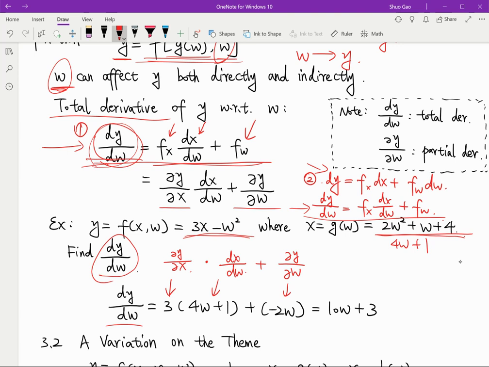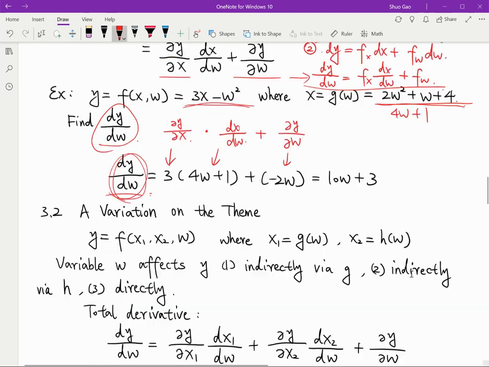So as we said, the total derivative does not control the other variables to be the same, so the other variables can still change. But for the partial derivatives, all the other variables should stay the same, right? So that's a difference in calculating total and partial derivatives.